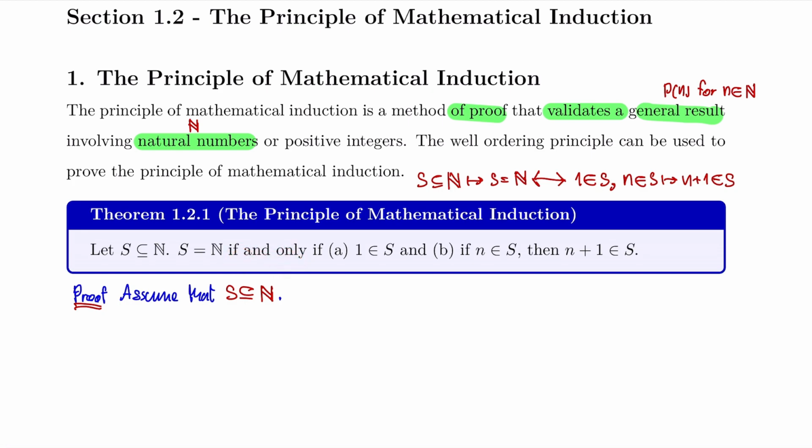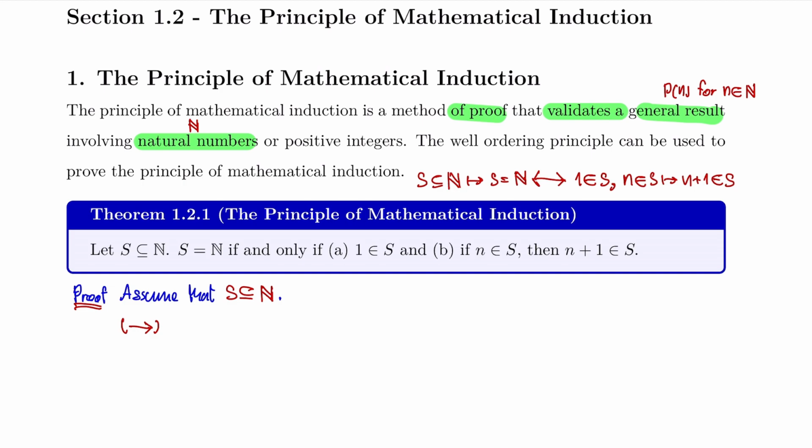Once we have if and only if, we imply from the left to the right, or the right implies the left. So I want to start from the left implies the right.